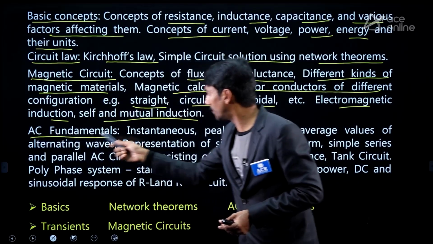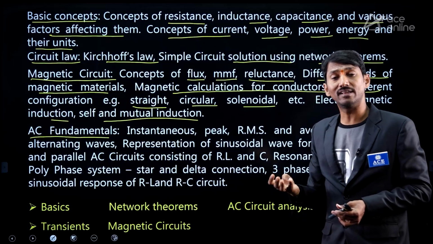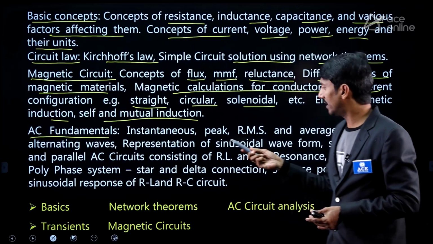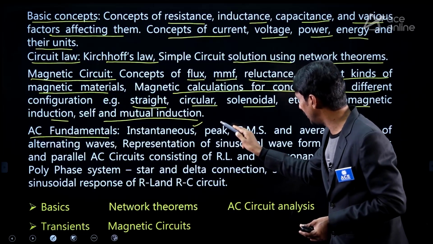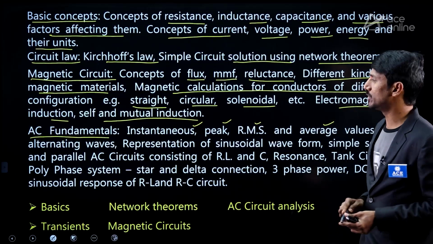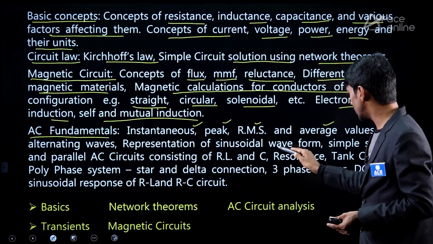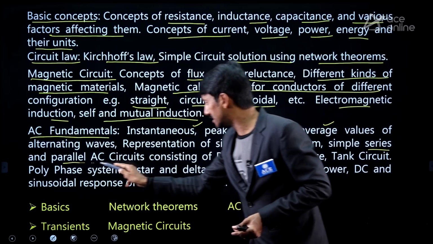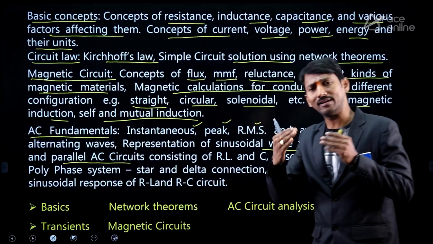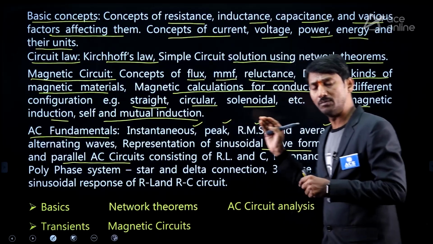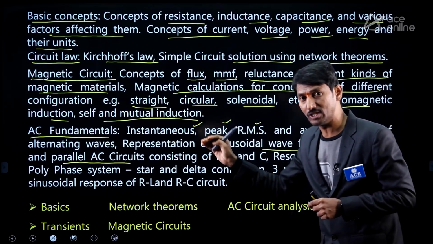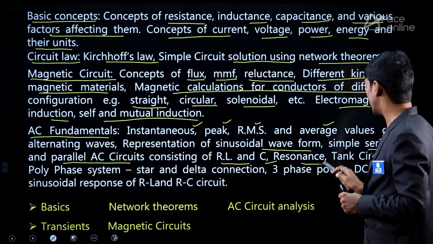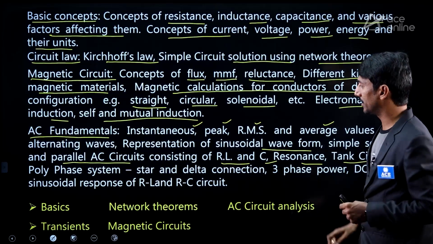And now AC fundamentals. In this, instantaneous value, RMS value, maximum value, right? Like that, average value, everything: instantaneous, peak, RMS, average values. Representation of sinusoidal waveform, simple series and parallel AC circuits. He has elaborately given simple circuits of RLC, series, parallel, consisting of R, L and C, resonance, and then tank circuit.